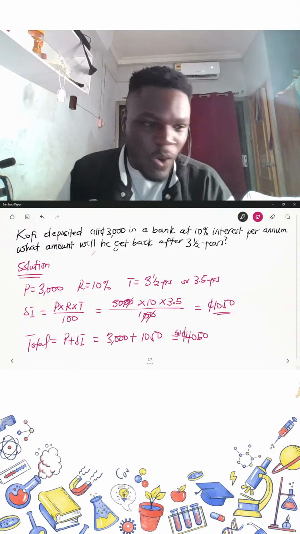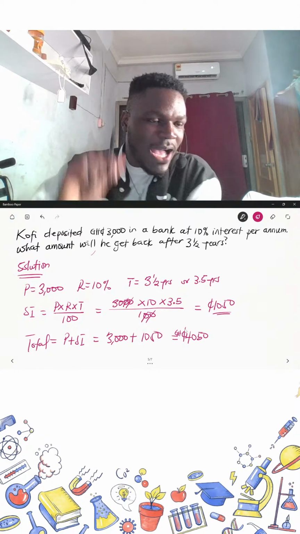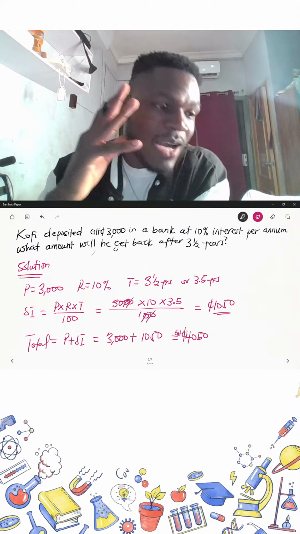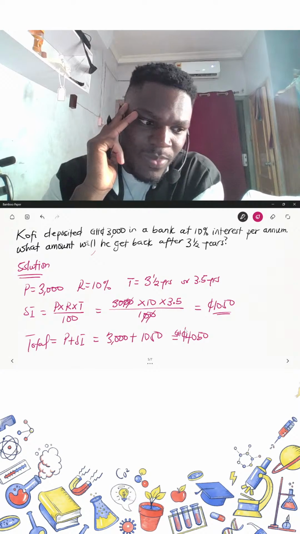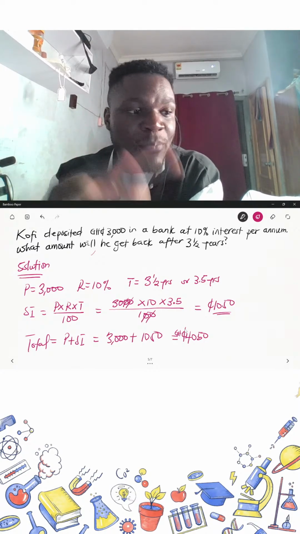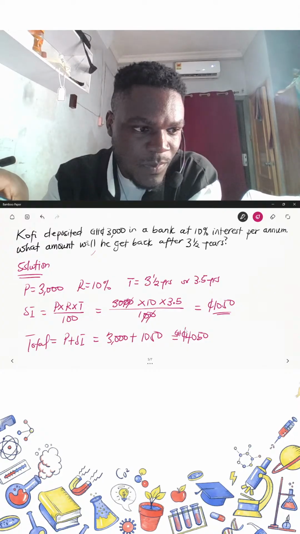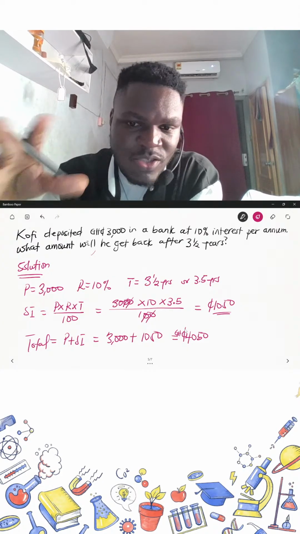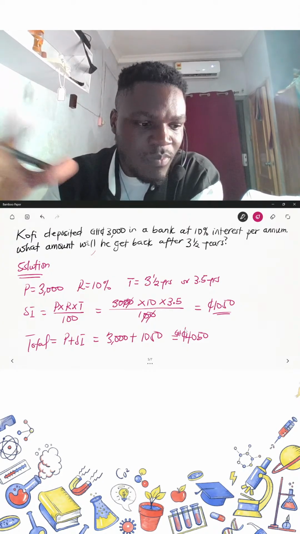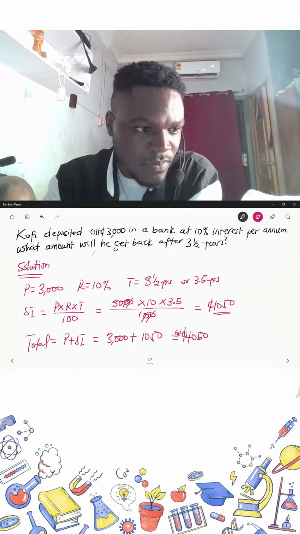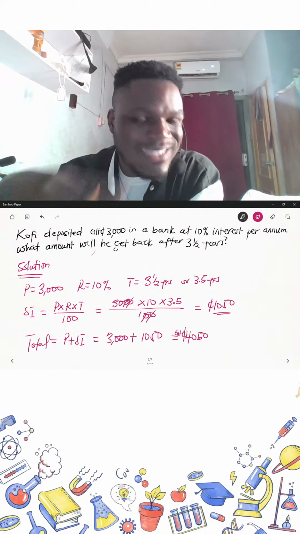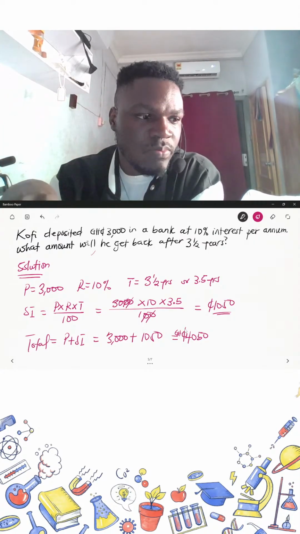Are we okay? So Abdullah, if you did the calculation in your head, you are right, approximately. It's around 4,000 plus. It's not up to 4,001, but it's around 4,000 Ghana cedis. So you are partly correct.